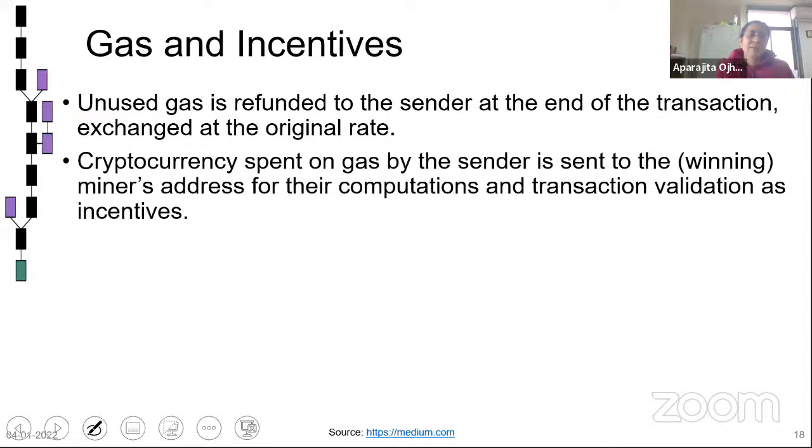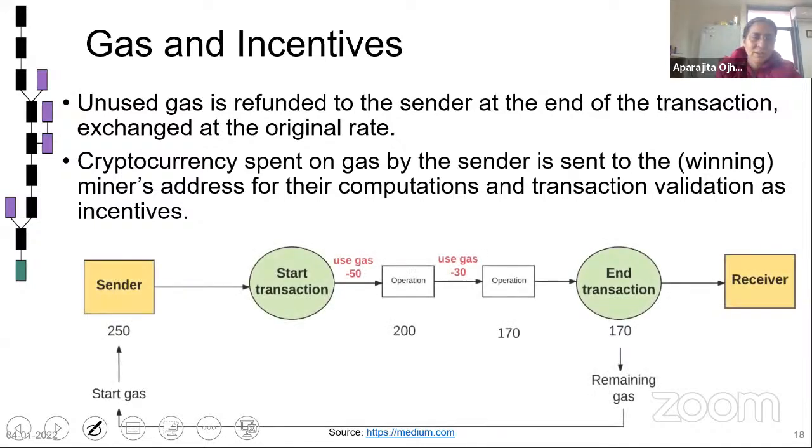And the cryptocurrency spent on gas by the sender is sent to the winning miner's address for their computation, because the miners have done their computation, validation and so on; it is an incentive. So here you can see the sender has an estimate of 250 gas points.